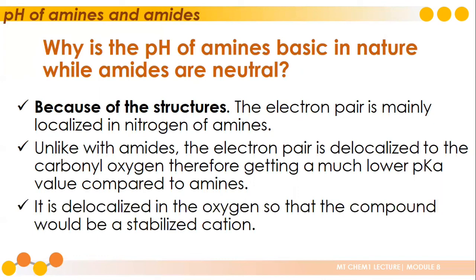It is delocalized in the oxygen so that the compound would be a stabilized cation. Because of the existence of the oxygen in amides, this is the cause of amides having a lower basicity and becoming neutral in comparison with amines.